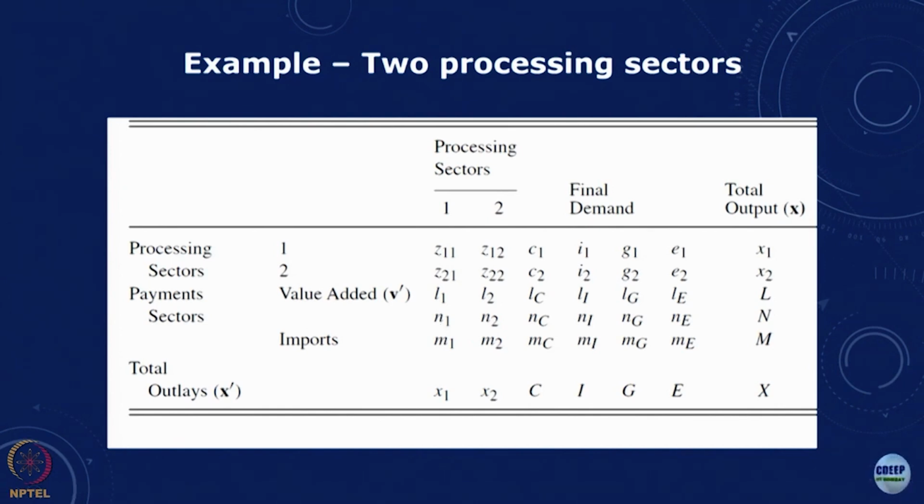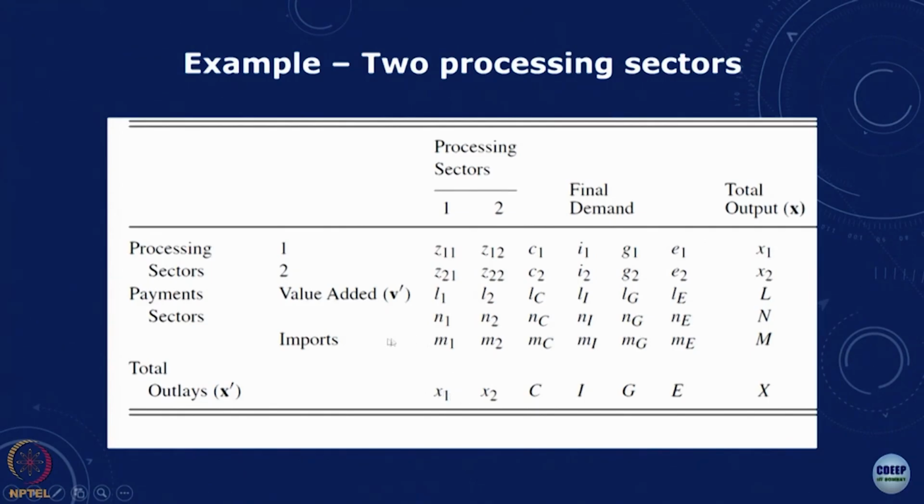These are the additional sectors where we are paying the amount going to wages, to government and other services, labor, government services, and imports. And this will add up to the total outlays. The rows will add up, and so will the columns.